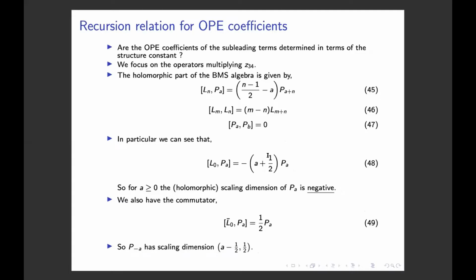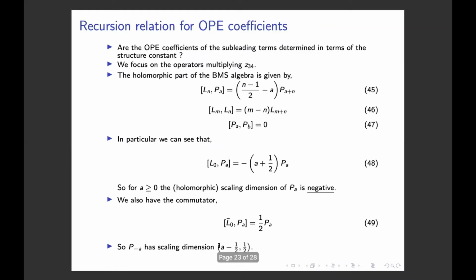The scaling dimension of P_A is: H for P_A is A plus half, and H bar for this is half. So P minus A has scaling dimension A minus half and half. Okay, so P minus 1 has scaling dimension half.